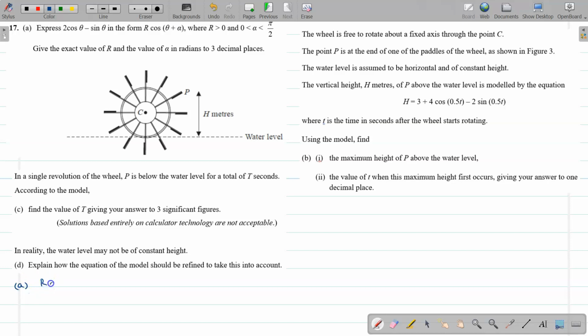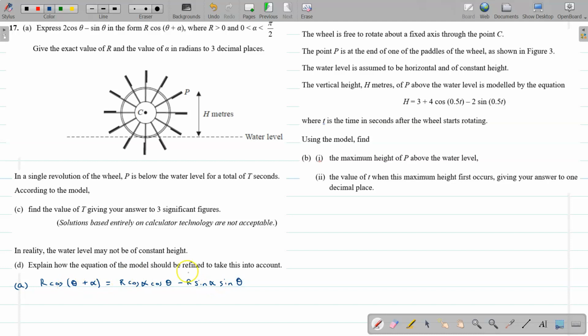So r cos of theta plus alpha using the double angle formula is going to equal r cos alpha cos theta minus r sine alpha sine theta.